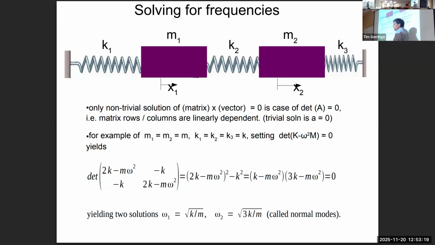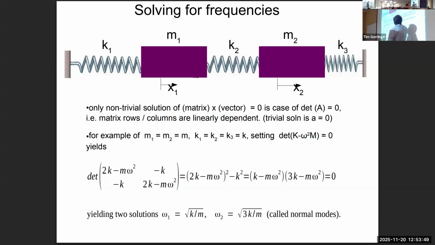There's one other way. This vector could be non-zero, and this product be 0 for one particular type of matrix: a matrix with a determinant of 0. This is a result from linear algebra: if the determinant of that matrix is 0, then the product of the matrix and a non-zero vector can be equal to 0.